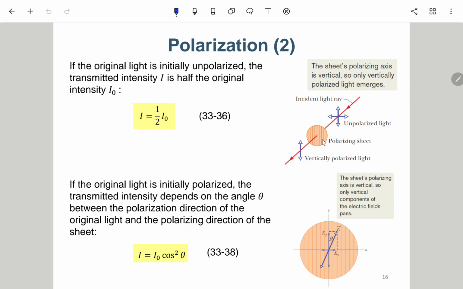Here we have some vertical lines, which means that only the vertically polarized component can go through. All the horizontal component cannot go through.